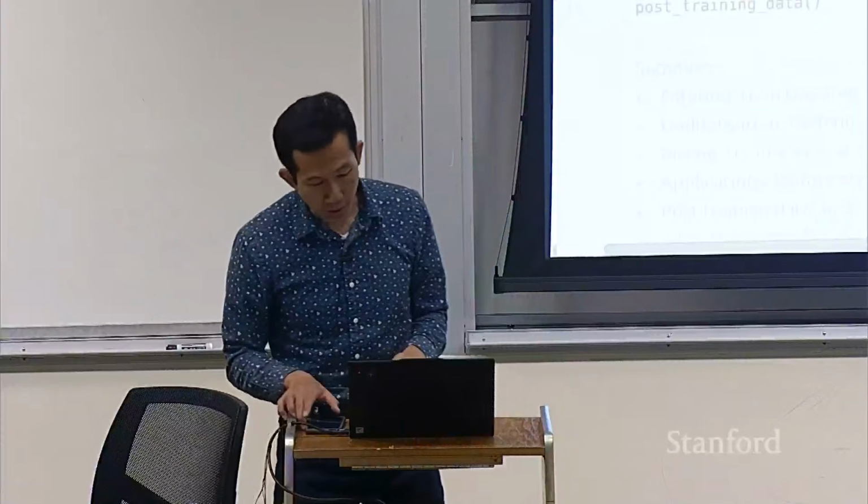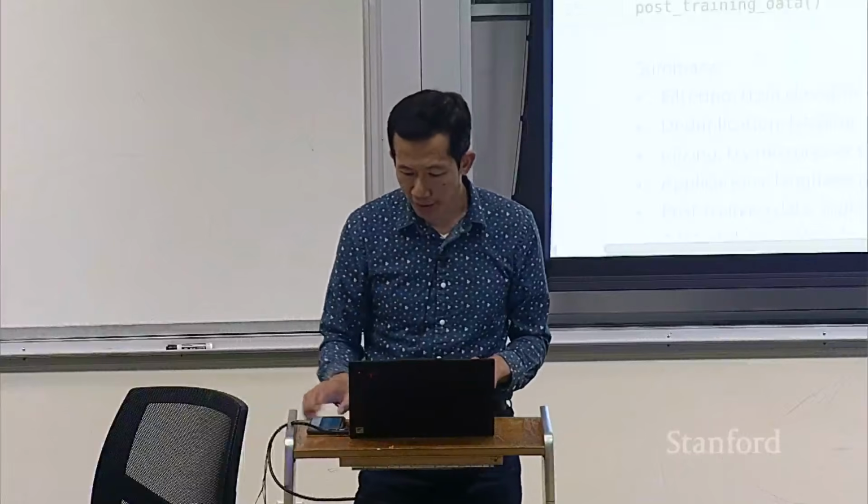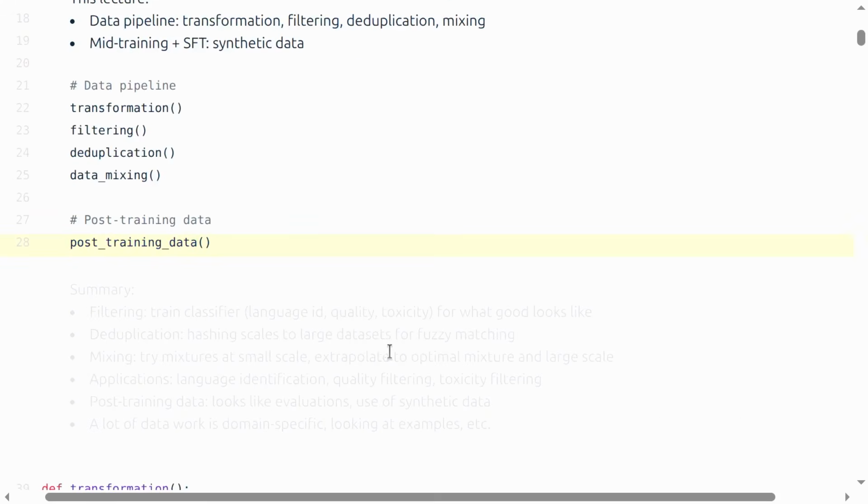Okay, so I'm going to quickly go through post-training data here. Up until now, this is basically pre-training or maybe mid-training data. It's generally fairly task agnostic, except for the RegMix stuff where you're trying to minimize the loss, but still the data itself is relatively task agnostic, and you're trying to develop basic skills.